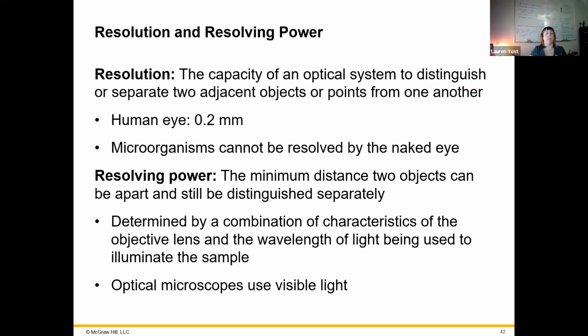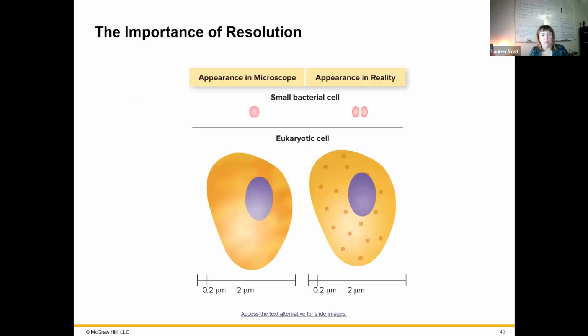Resolution is the capacity of the optical system to distinguish between two objects, even though they might be close to one another. It gives you more clarity.